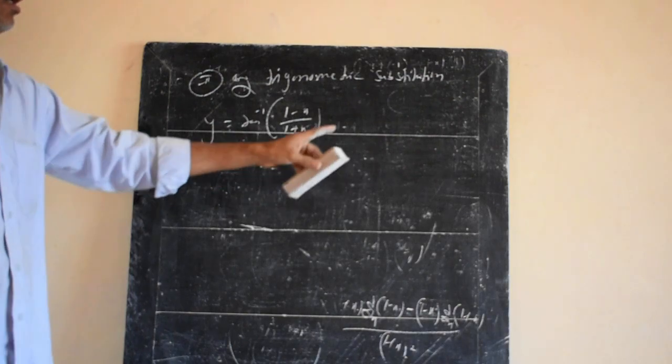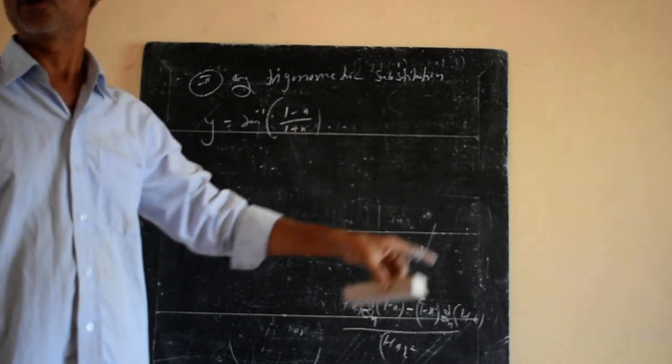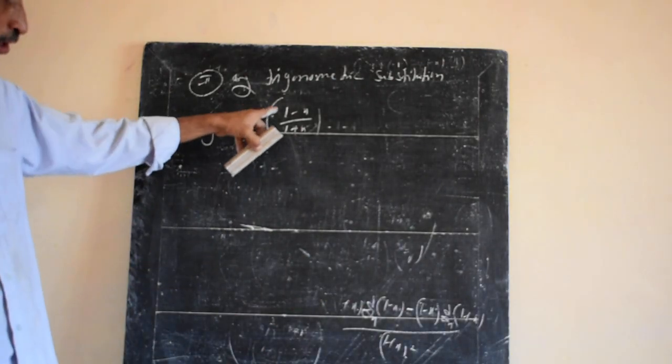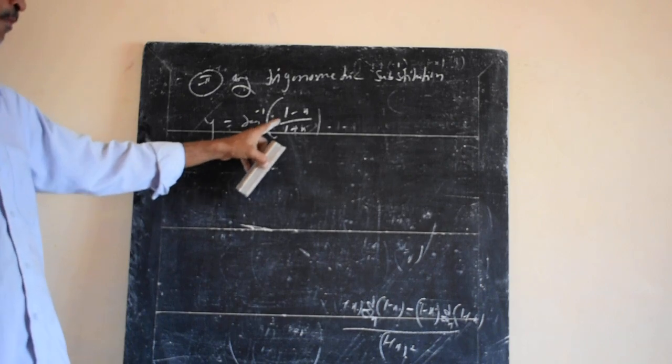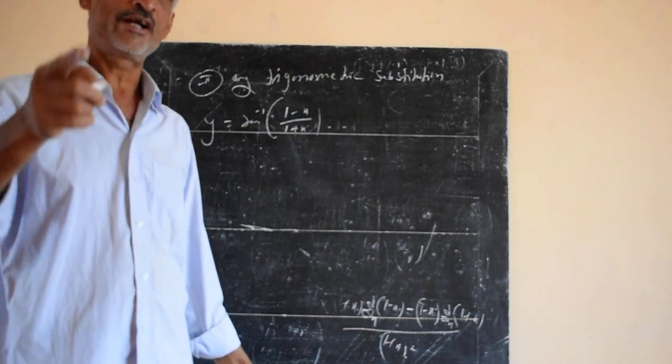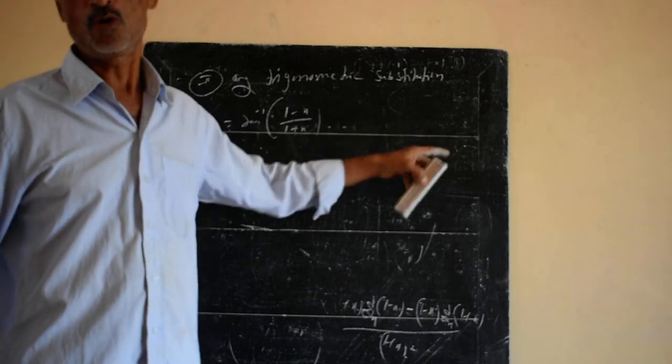I have written, show that dy by dx is minus 1 upon 1 plus x square. By this method only, I have worked out this differentiation in mind, by suitable trigonometric substitution, and I got the answer, and I have written it as dy by dx is minus 1 upon 1 plus x square.